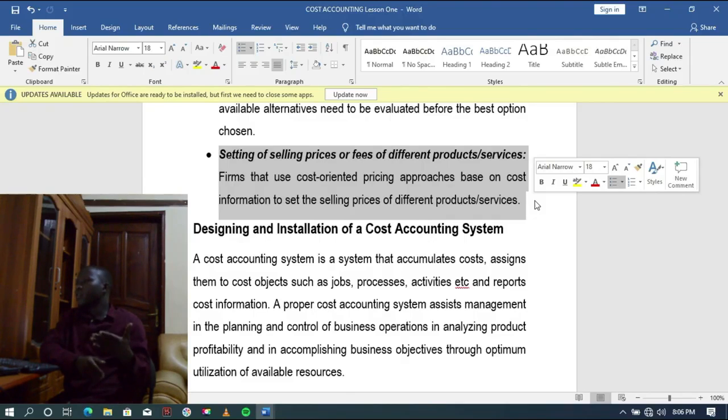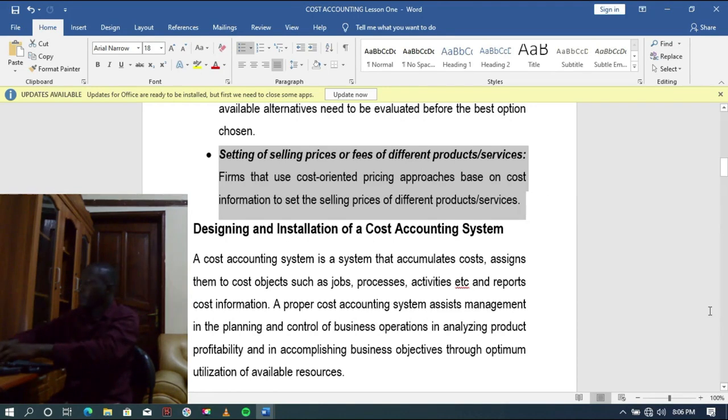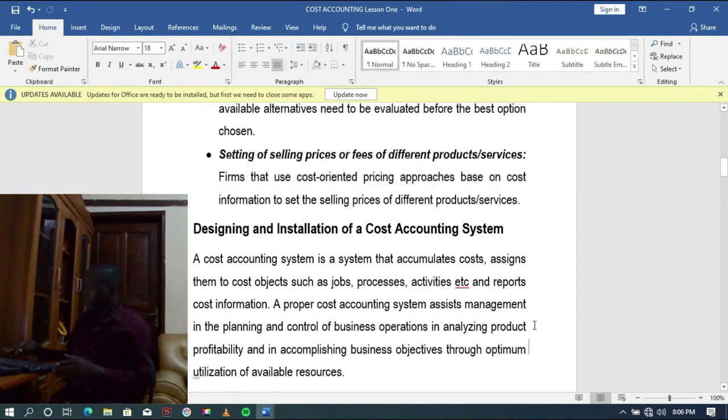So meaning that before we come up with a selling price, we must look at how much we incur to produce such a commodity. So those are a few advantages or relevances of cost accounting. However, there are other benefits that may be given to you in a detailed handout later.